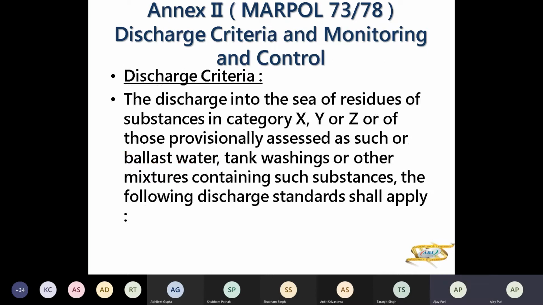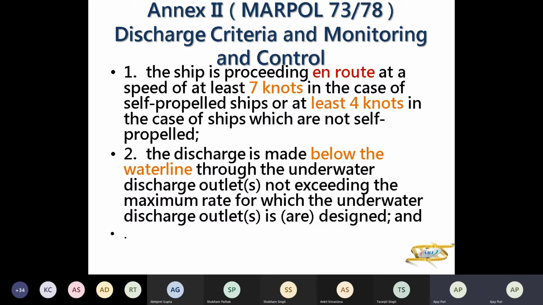So the discharge into sea of residues of X, Y, and Z should be provisionally assessed as such, or ballast water, tank washing or mixtures containing such substances. So discharge standard conditions shall apply. That one is your ship should be proceeding en route. Speed should be 7 knots at least if self-propelled, and if it is being towed, then it should be at least 4 knots.